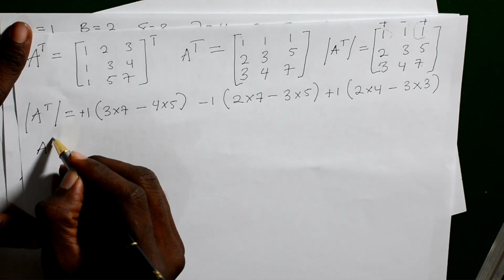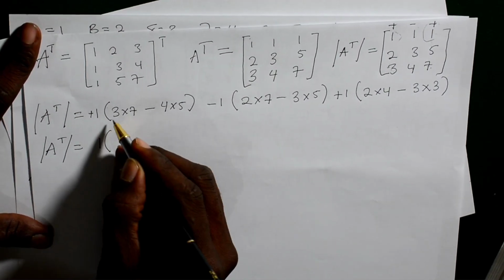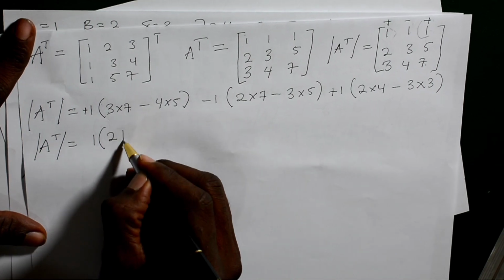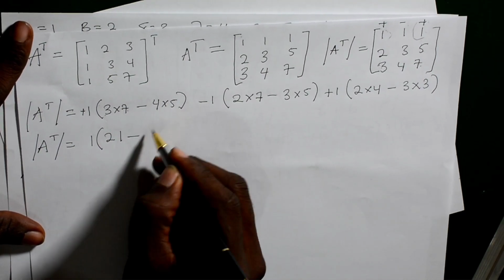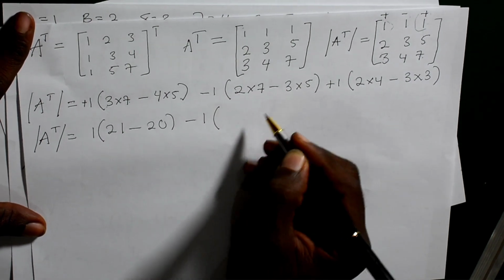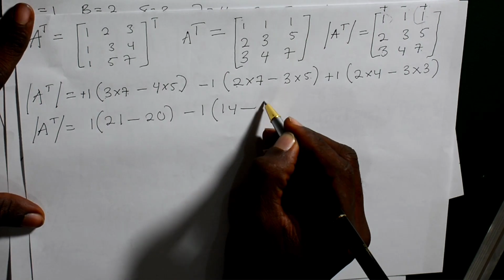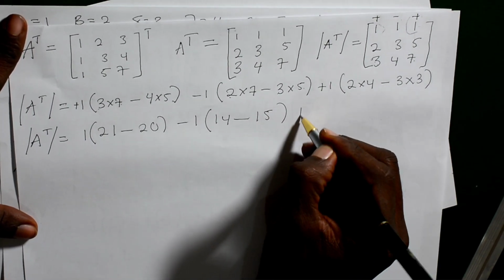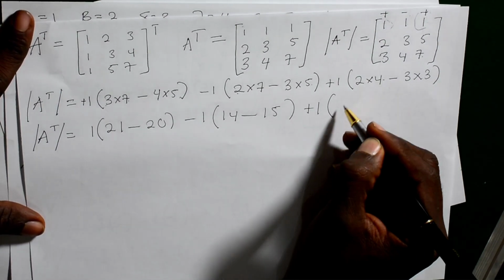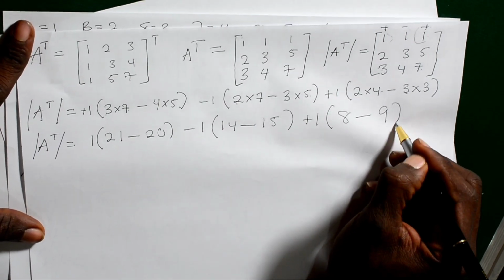So now A transpose determinant will be equal to 1 into 3 times 7, 21, minus 4 times 5, 20, then minus 1 into 2 times 7, 14, minus 3 times 5, 15, then plus 1 into 2 times 4, 8, minus 3 times 3, 9.